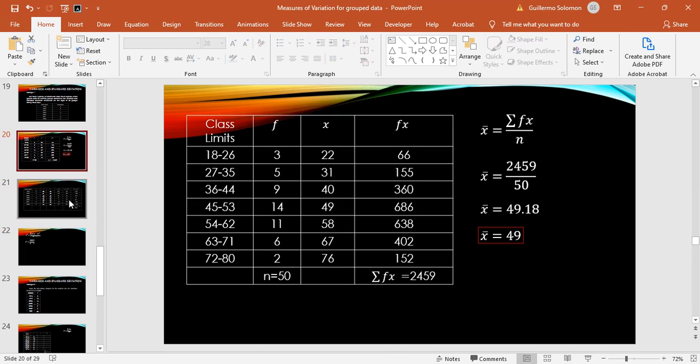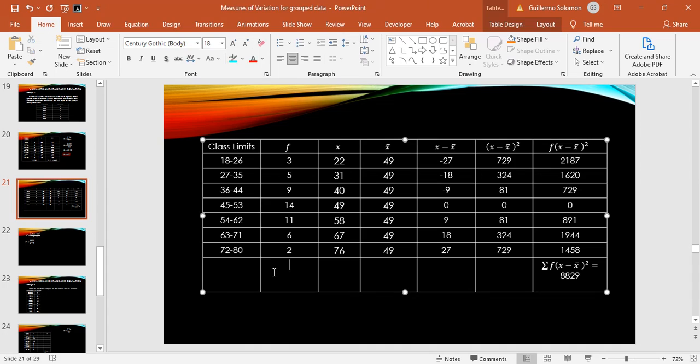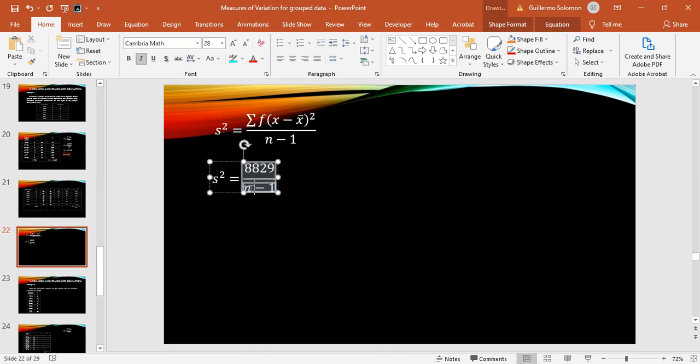Sabi dito 50. So, n is equal to 50. So, 50 minus 1. Okay, so apply lang natin operation sa denominator.